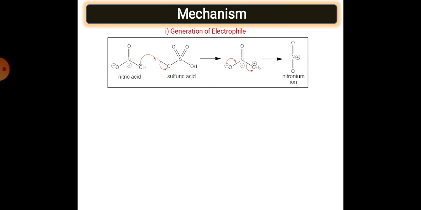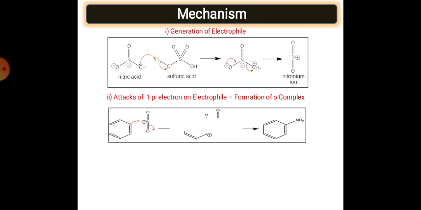This is the electrophile, and an electrophile is nothing but an electron deficient species. And we already have benzene there. Now the second step is attack of one of the pi electrons on the electrophile, that is on the nitrogen, and there is formation of a positively charged complex, a sigma complex.